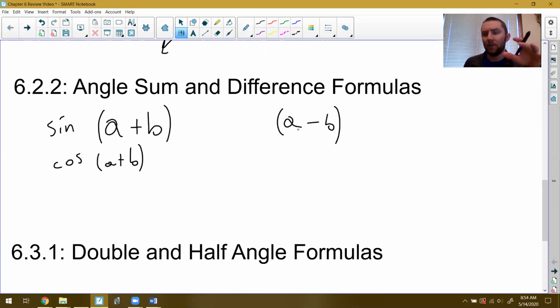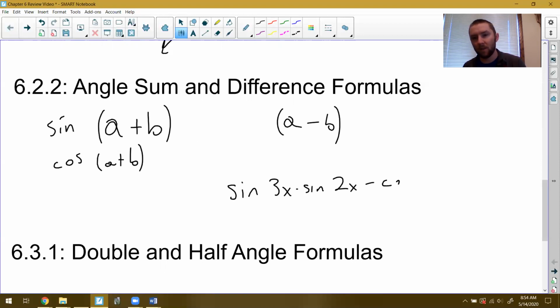So remember, this allowed us to simplify some things, especially if we saw something like, let's say, the sine of 3x times the sine of 2x minus the cosine of 3x times the cosine of 2x.